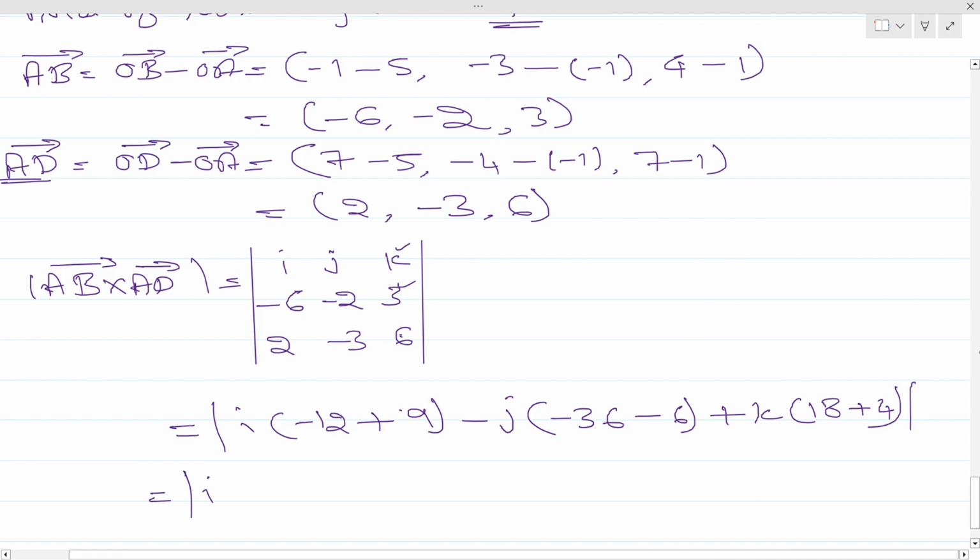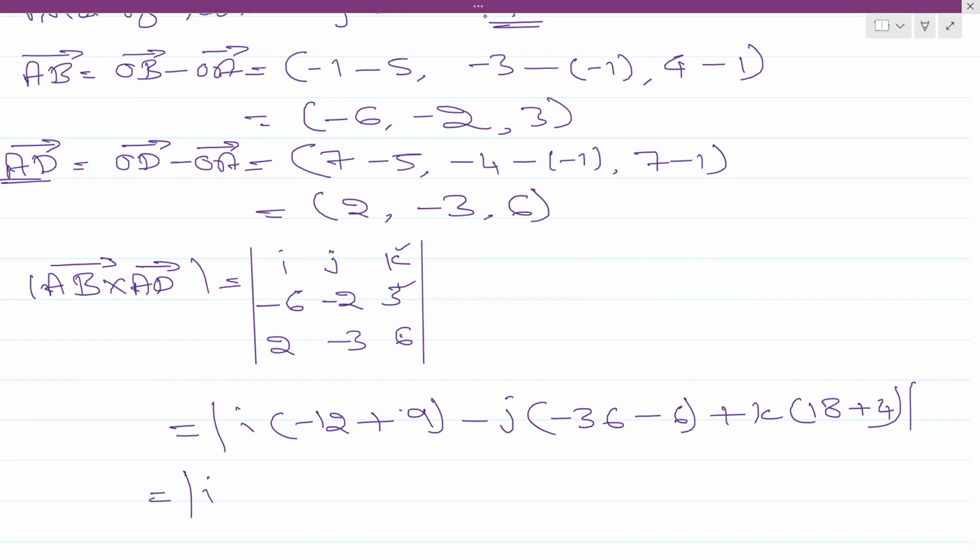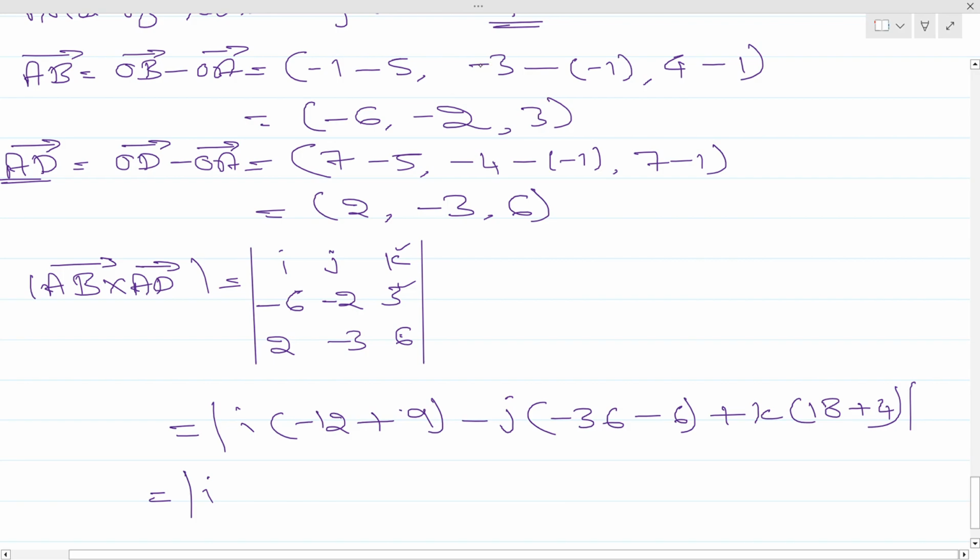So I multiplied, it goes minus 3i. So minus 3i, minus 36 and minus 6, minus 42.